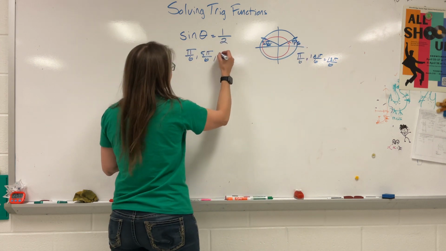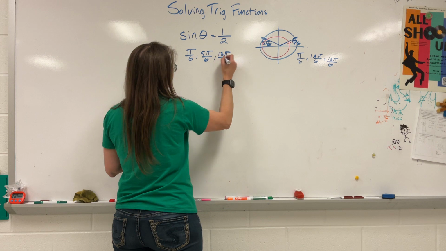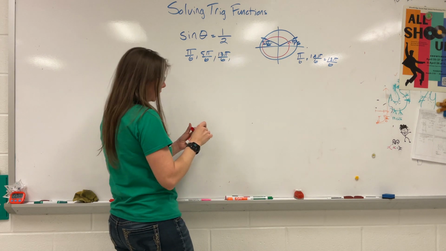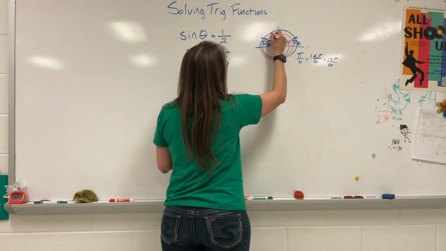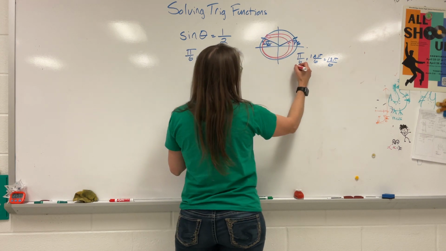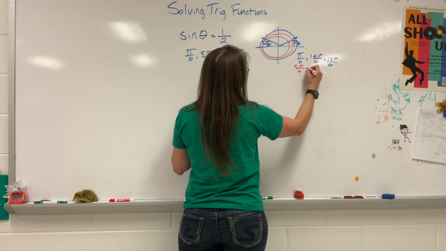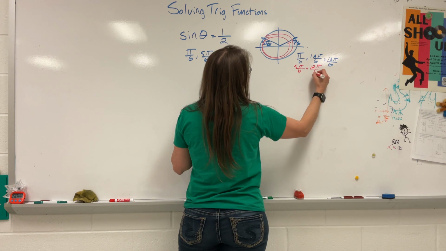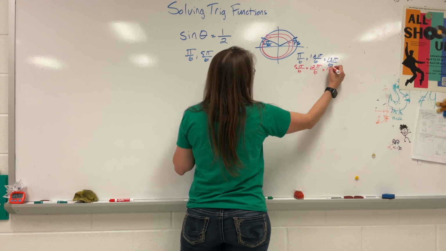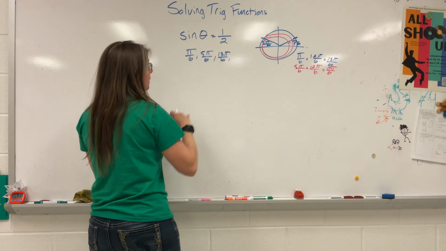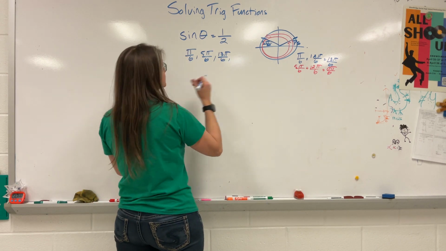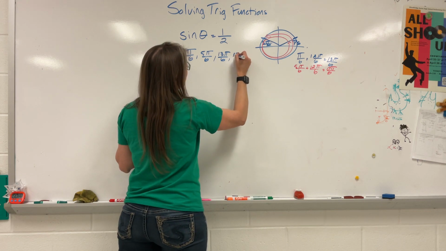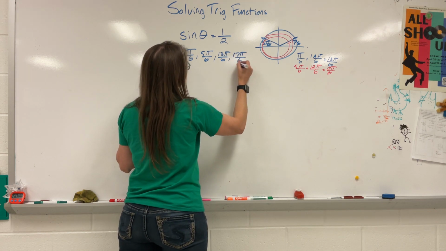So I know 13 pi over 6 would be another solution. Also, anything coterminal with 5 pi over 6. If we went all the way around, we have 5 pi over 6 plus 12 pi over 6, and that's going to be 17 pi over 6. We could keep going infinitely. We can go forwards, we can go backwards, but there are an infinite number of solutions for this, okay?